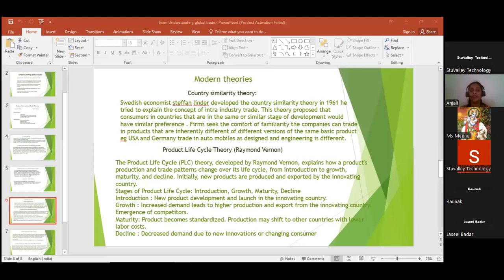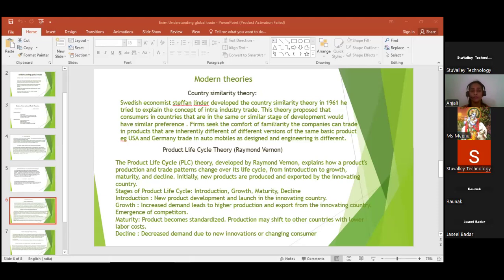In that cycle we have introduction, growth, maturity, and decline of that particular product. This theory explains how the value of a product will increase and how it declines. So we are going to study this type of cycle, called the product life cycle.